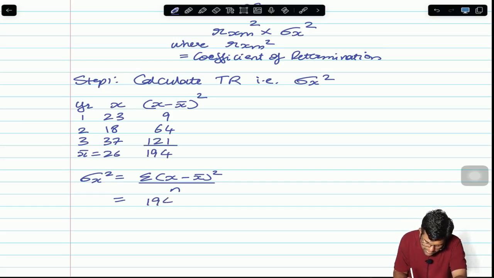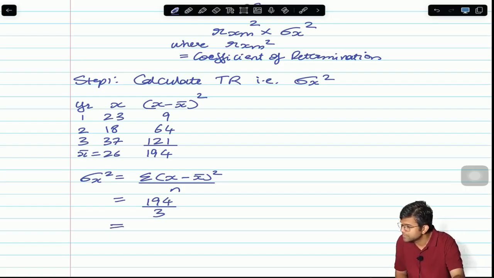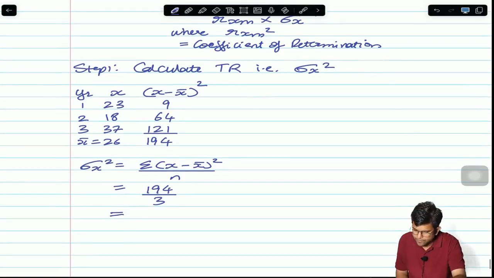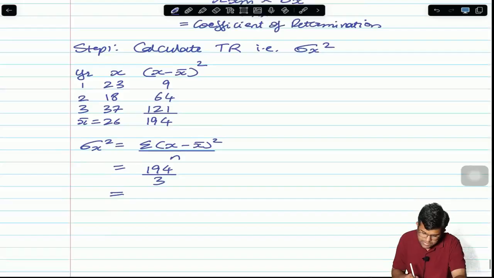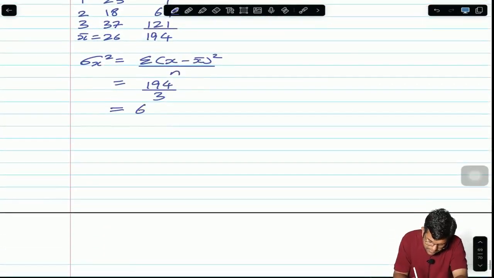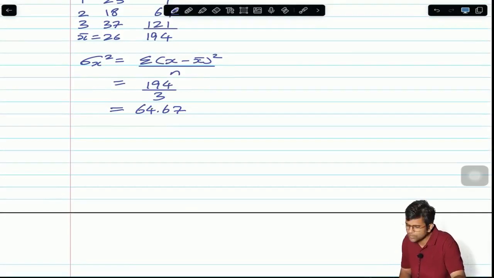This is 194 divided by 3. What is the answer, please? 64.67. What is this? This is the total risk. This is SR USR combo. Everybody clear, na? Total movement of X.